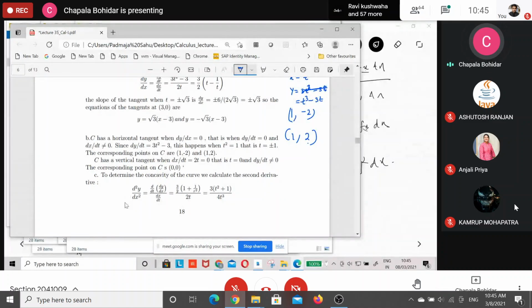The second derivative d²y/dx² is d/dt(dy/dx) divided by dx/dt.